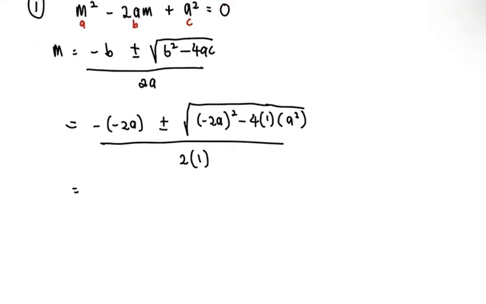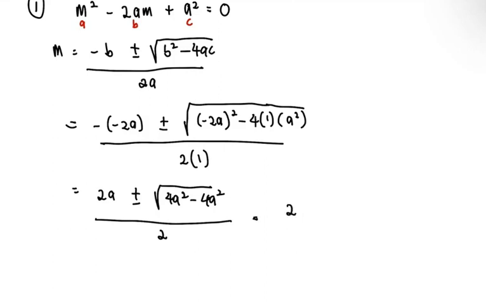So I have here minus minus 2a, so positive 2a, plus minus square root of 4a squared minus 4a squared, divided by 2. So here 4a squared minus 4a squared is 0, square root 0 is 0, so 2a divided by 2, which equals a.